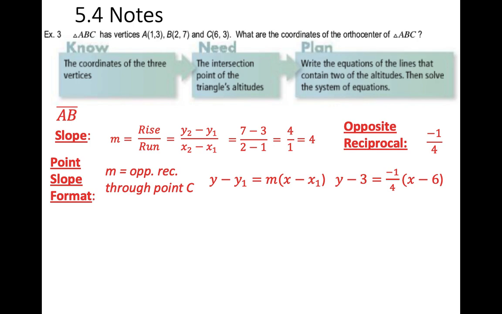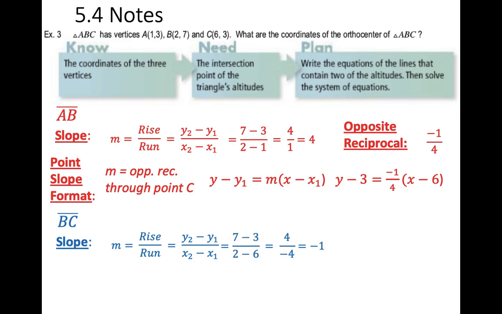Now I need to do the same thing again. I'll do it for BC, the altitude that starts at A and is perpendicular to BC. To get BC's slope, again, I use the same formula, plug in my values, and I get that the slope of BC is -1. So the opposite reciprocal is -1 over -1, which just equals 1.